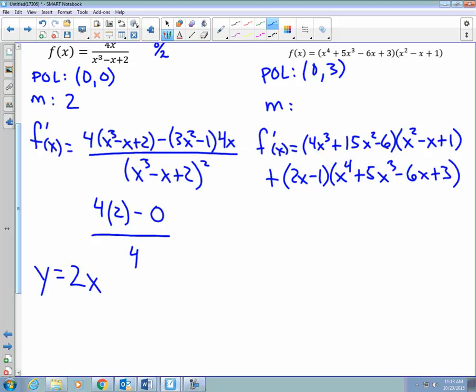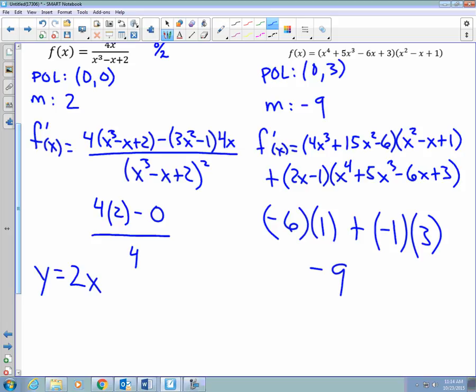So again, it looks bad, but it's not bad because you just have to plug in 0. Plug in 0 here and you get negative 6 times 1. Plus, plug in 0 here, you get 0. Isn't that a nice problem? Negative 9. Close. You have a y-intercept of 3. So y equals negative 9x plus 3. You would write that in slope-intercept form.